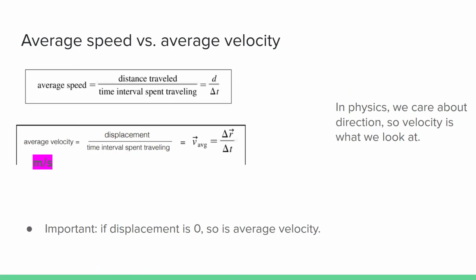I can say I went 2 miles per hour or 2 meters per second, I should really say, because we usually use meters in this class. So I could say I went 2 meters per second, but in what direction? Speed wouldn't tell me that.